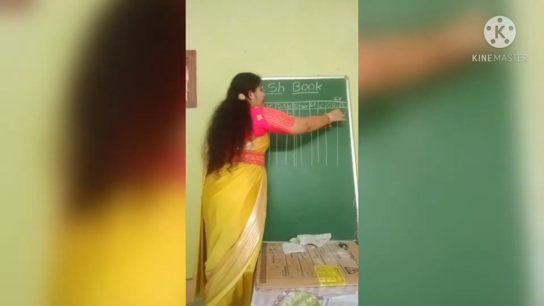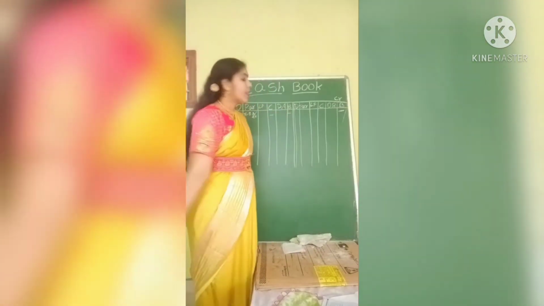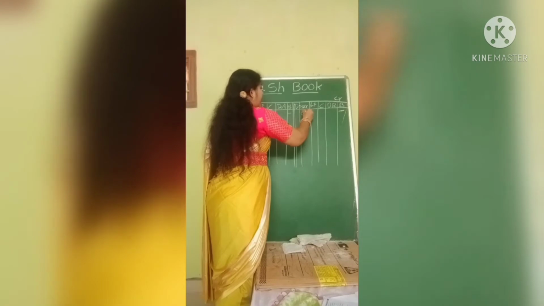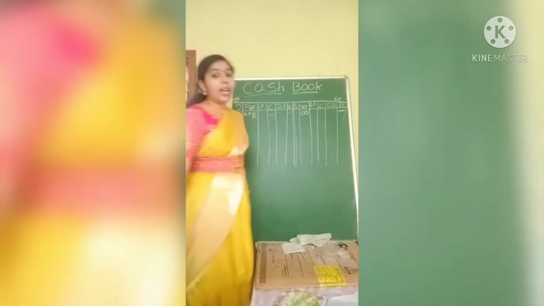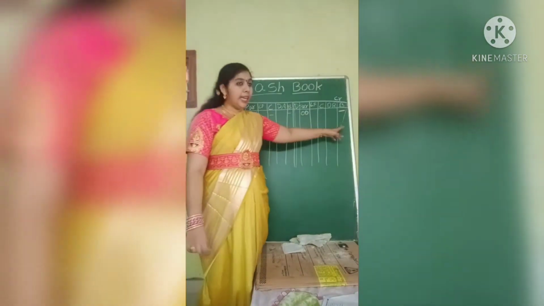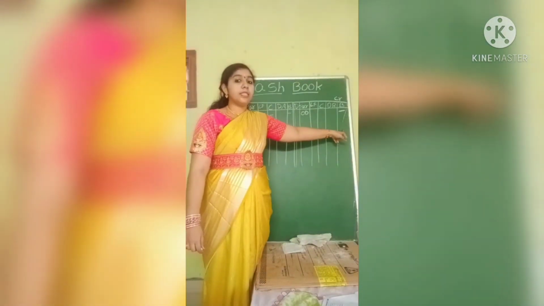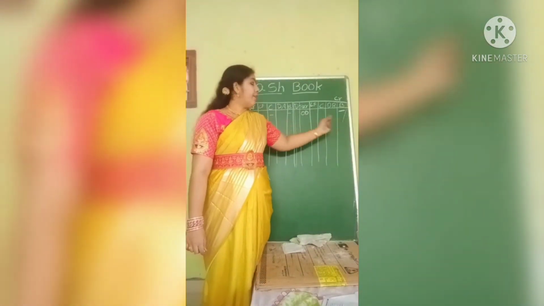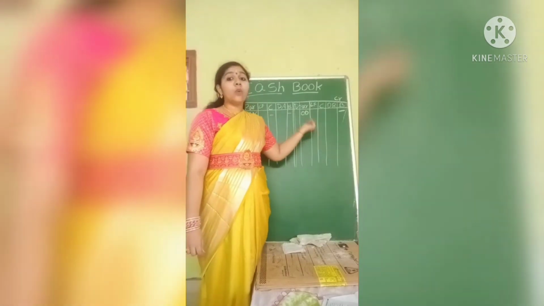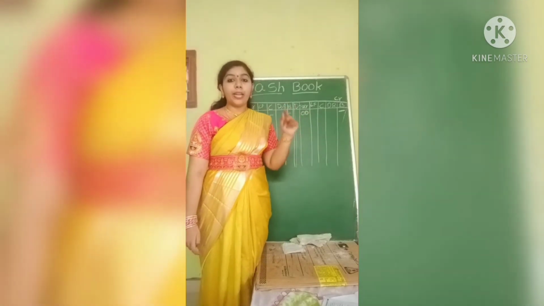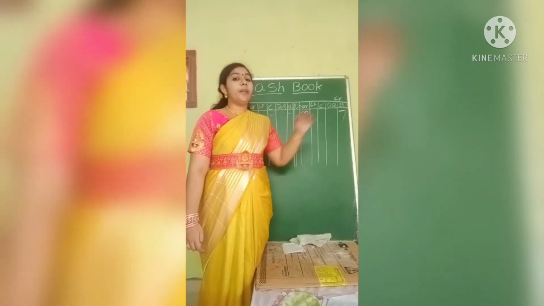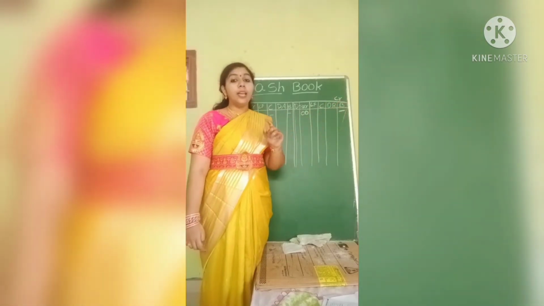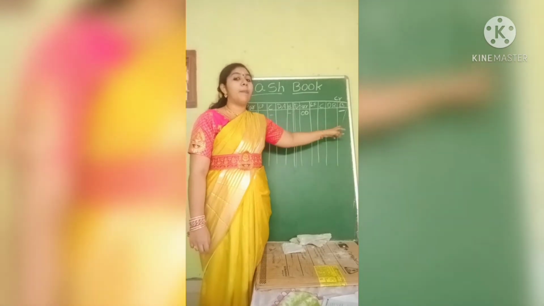In the bank column, we have to write bank overdraft and enter the amount in the bank column only. This is our second point. If the bank overdraft is given as an opening balance, it should be written in the bank column.